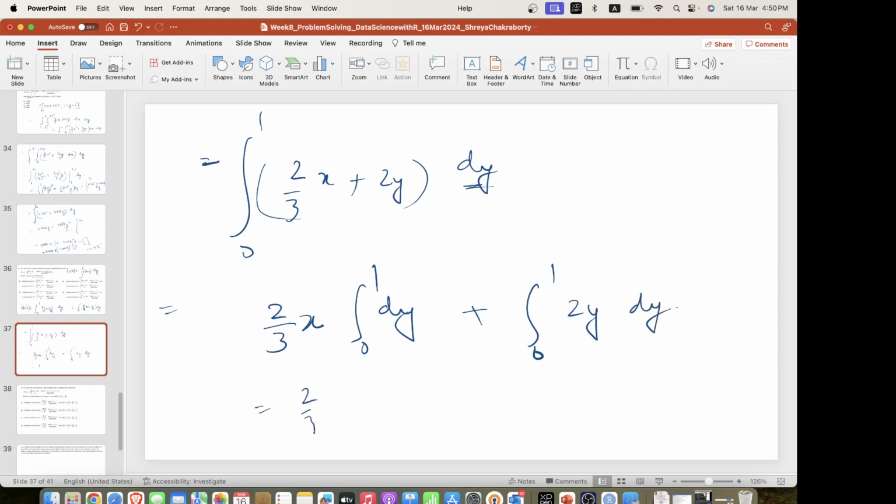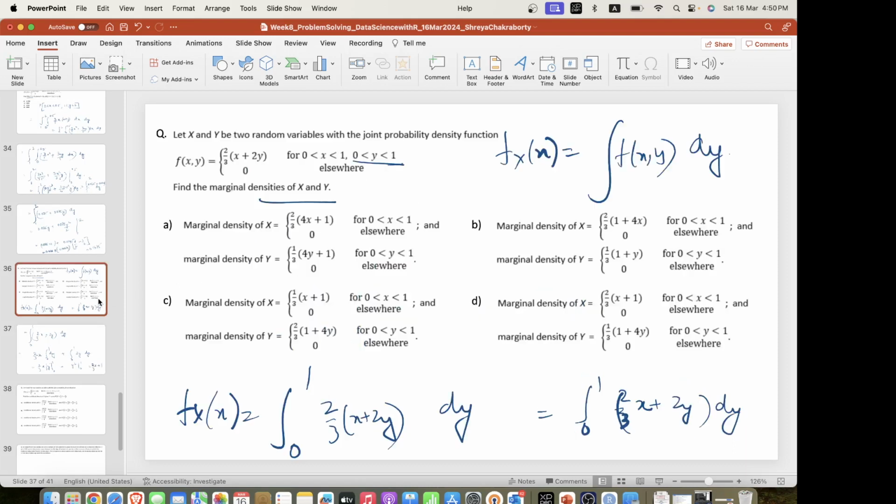So this would be 2 by 3 x times y from 0 to 1, plus y square from 0 to 1. So this would be 2 by 3 x, 1 minus 0 is x, plus y square, 1 square minus 0 is 1. So the marginal distribution will be 2 by 3 x plus 1.